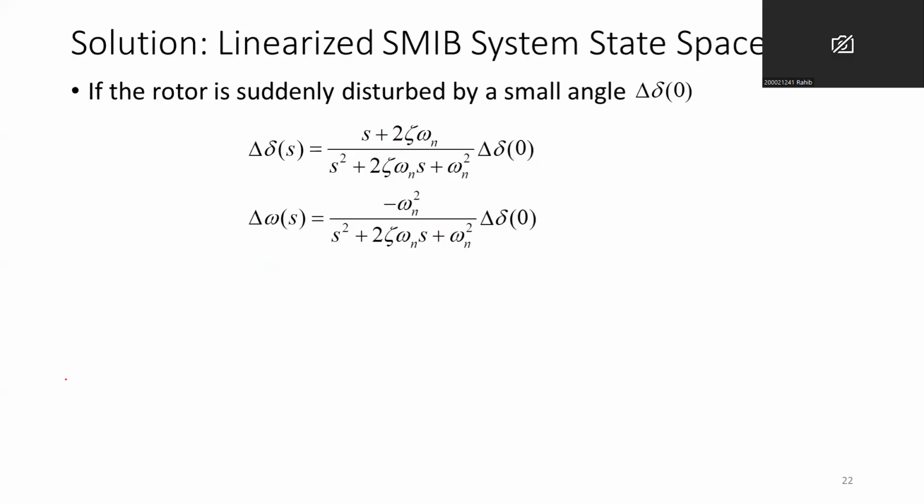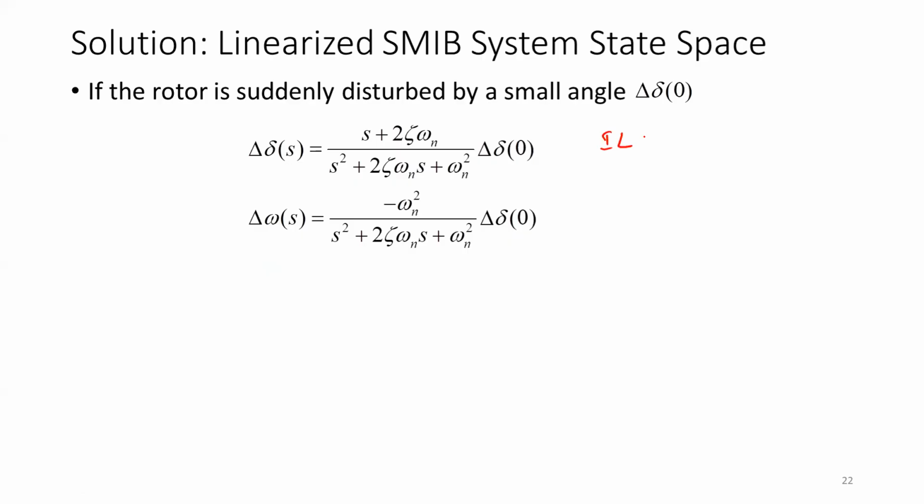To solve the problems, our target is we need to transform this back to our time domain. And for that, what do we have to apply? We have to apply the inverse Laplace transform. So first of all, we applied Laplace transformation. We got the corresponding expressions of del delta s and del omega s.